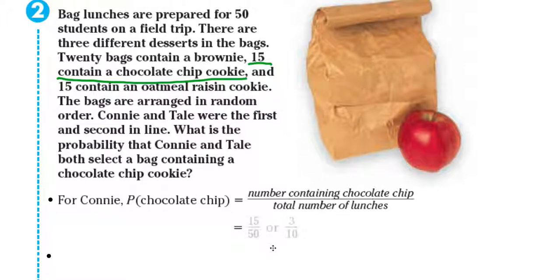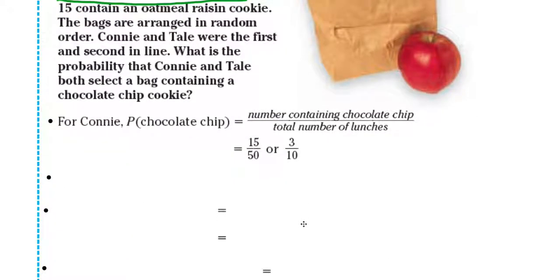So that would be 15 out of 50. Why 50? Because there are 50 total lunch bags available. So 15 out of 50 or 3 out of 10. So when Connie chooses first, her probability of being able to choose a chocolate chip cookie is 3 out of 10. And then let's discuss Dale.